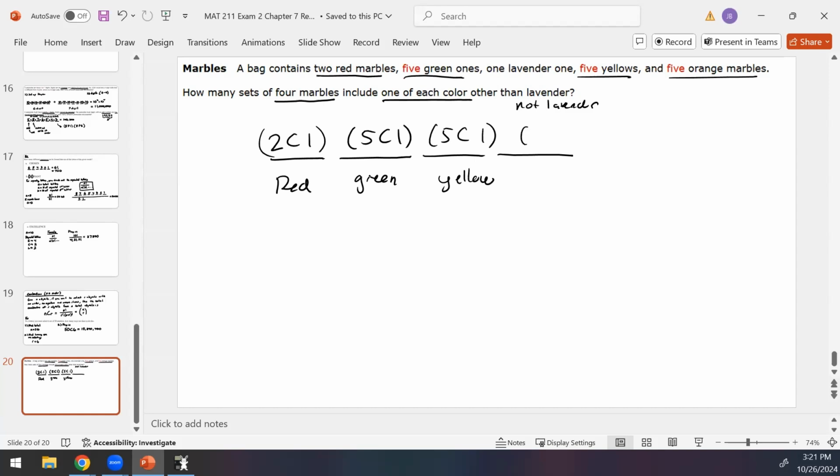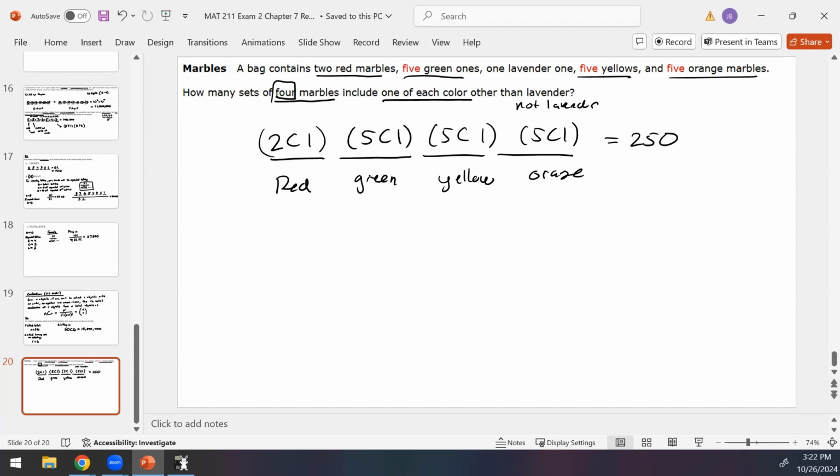And then for orange, I have 5 of them, and I want to choose 1 of them. And if you're wondering why you're only choosing 1, well, I need only 4 marbles. So 1 marble, 2 marble, 3 marble, 4 marbles, right? And if I multiply all of those together, 5 times 5 is 25, times 5 is 125, times 2 is 250.